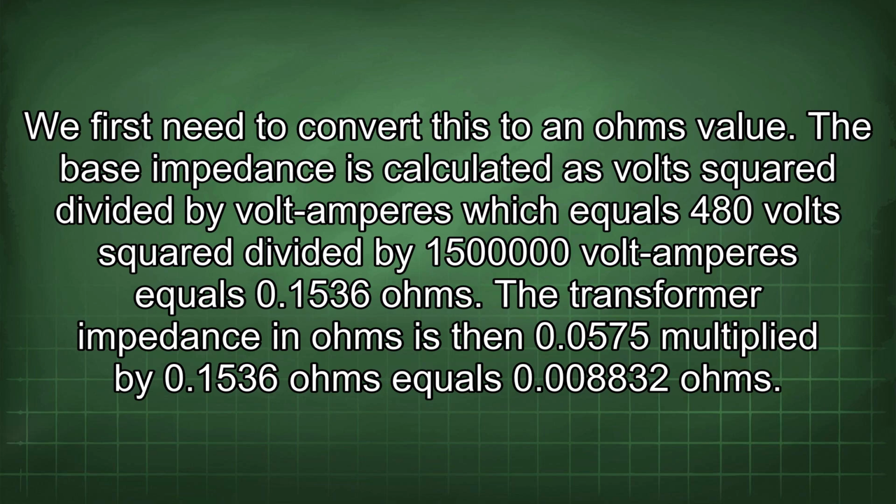The base impedance is calculated as volts squared divided by volt amperes, which equals 480 volts squared divided by 1,500,000 volt amperes equals 0.1536 ohms. The transformer impedance in ohms is then 0.575 multiplied by 0.1536 ohms equals 0.8832 ohms.